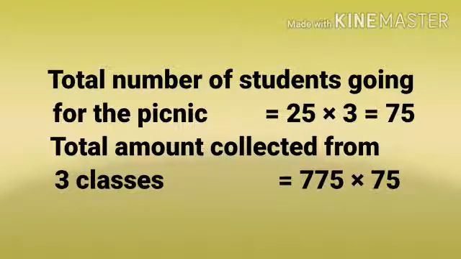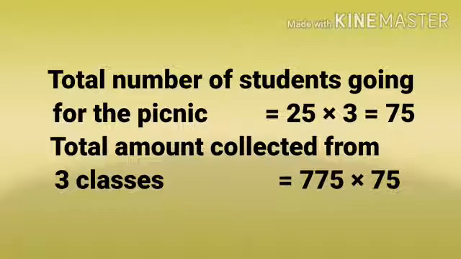Here first we will find out the total number of students going for the picnic, that is equal to 25 multiplied by 3. The answer is 75 students. Now we have to find out the total amount collected from all the 3 classes, that is equal to 775 multiplied by 75.